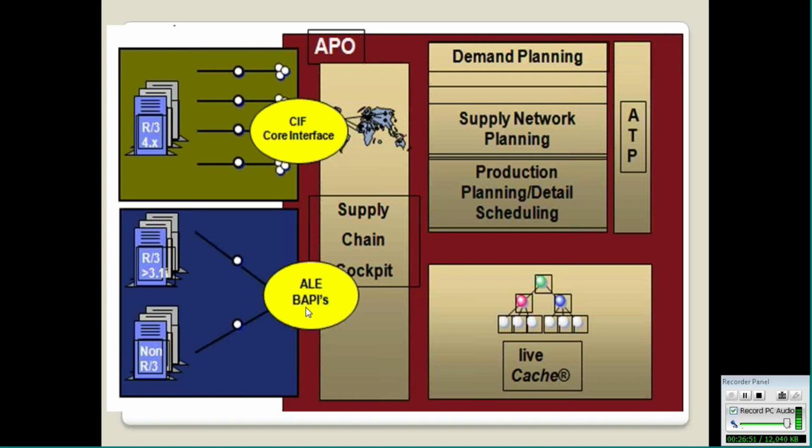Master data and transaction data we send from ECC to APO, and based on the master data and transaction data from ECC, in APO we do the planning. The planning results we send to the ECC system, so that they can execute the planning results. So this is the real-time integration.